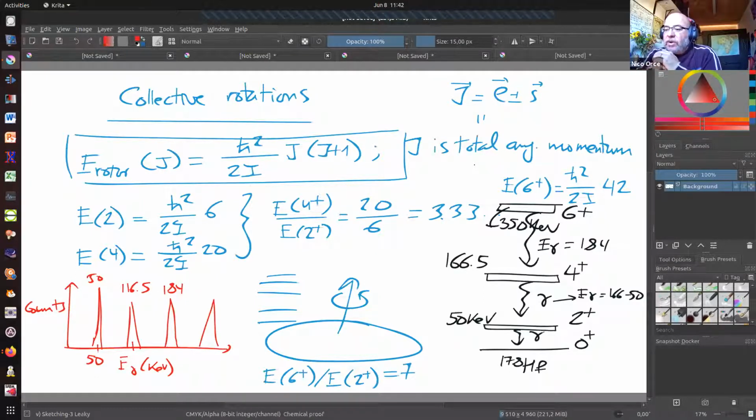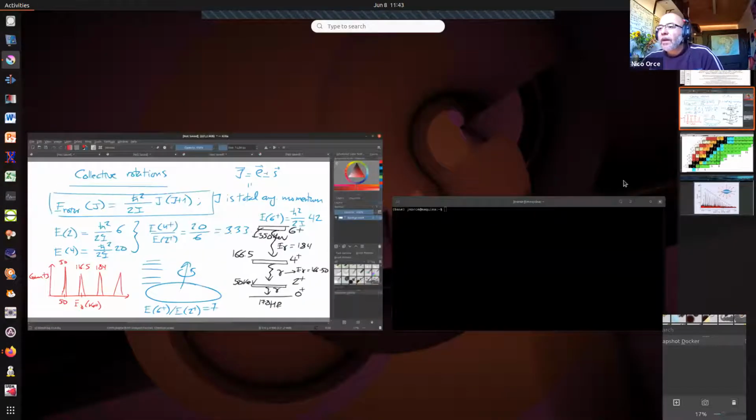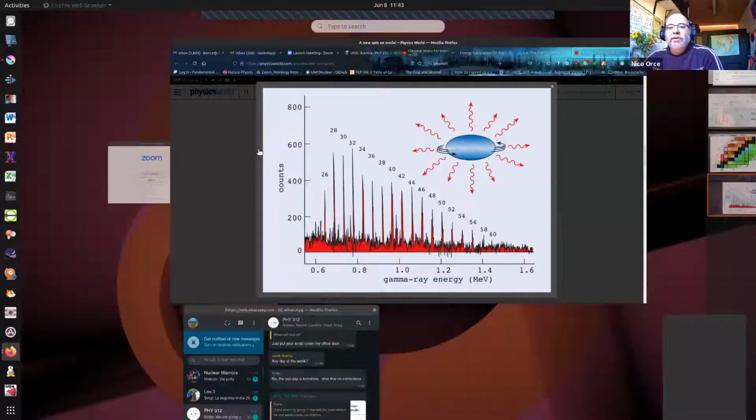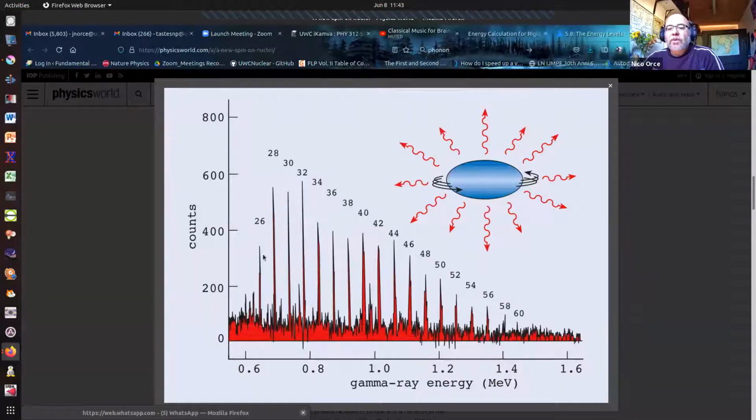And what is the best way to explore this thing? It's just to calculate. We have the total energy of the rigid rotor. We don't have potential energy because the particles always keep the same distance. The distance is fixed. So here is a typical spectrum: you go up to 28 h bar, and the nucleus keeps moving in units of 2 angular momentum, right?